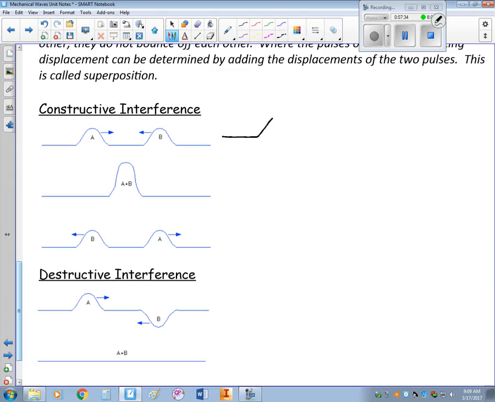So let's say a pulse, it doesn't have to be a circle. So let's say we have these 2. This is A and this is B. Well, when these 2 interact, it might look something like this.